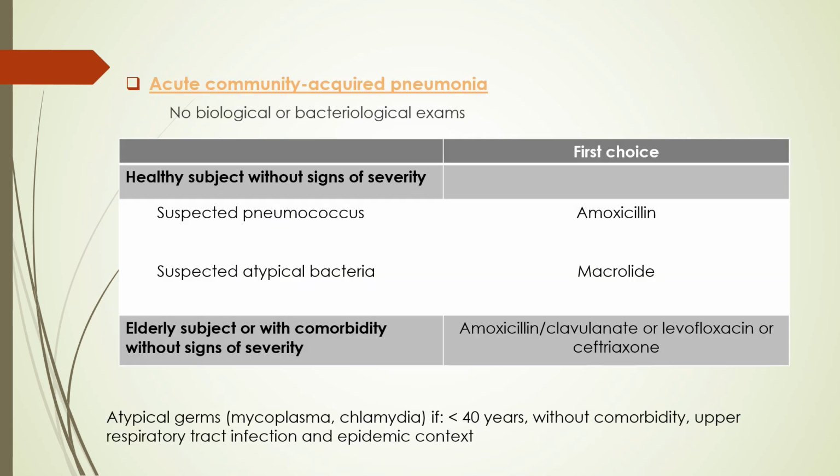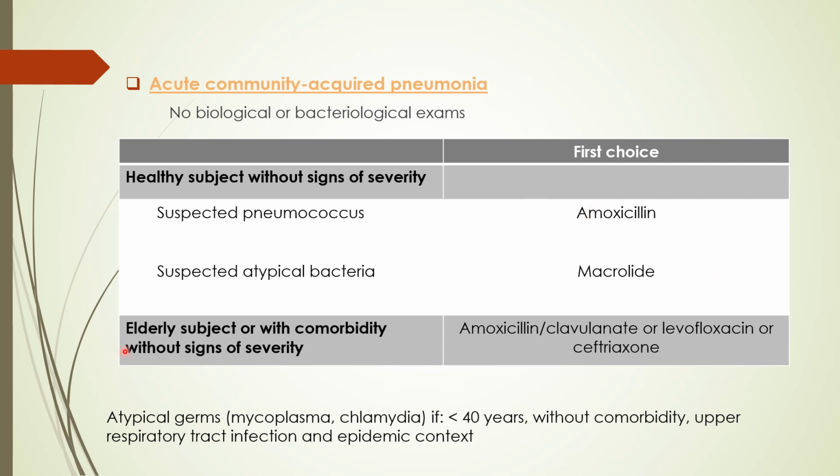What about pneumonia? We do the chest X-ray of course, but we do not do biological or bacteriological examinations. For healthy subjects with no sign of severity, if we suspect pneumococcus, we give amoxicillin.